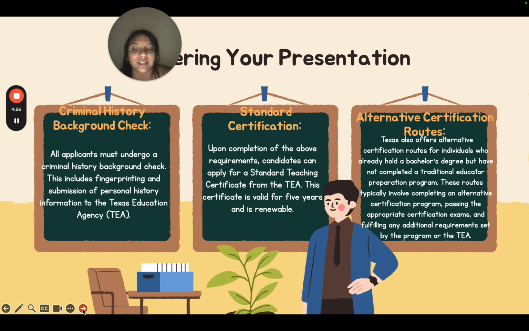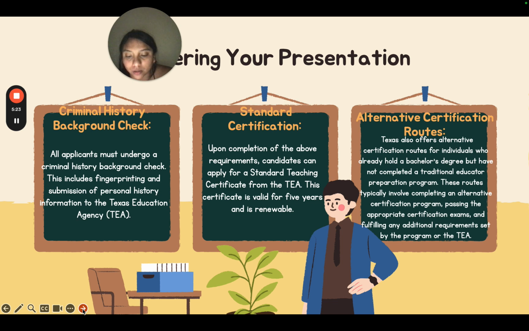We also have the standard certification. Upon completion of the above requirements, candidates can apply for standard teaching certificate from the TEA. This certification is valid for 5 years and it is renewable. Alternative certification routes.